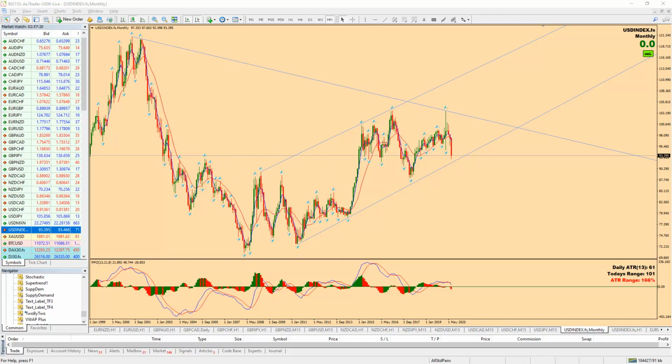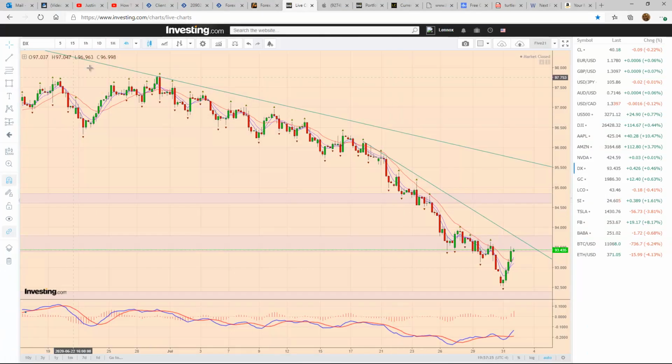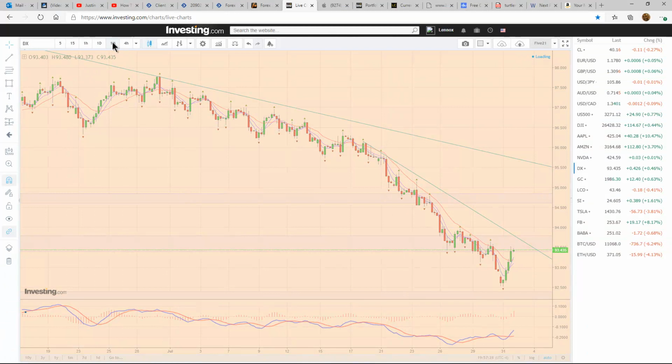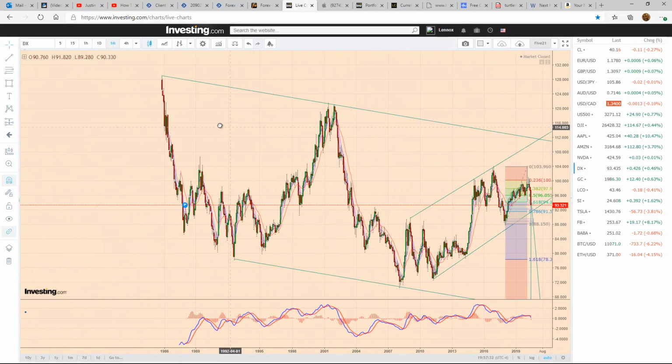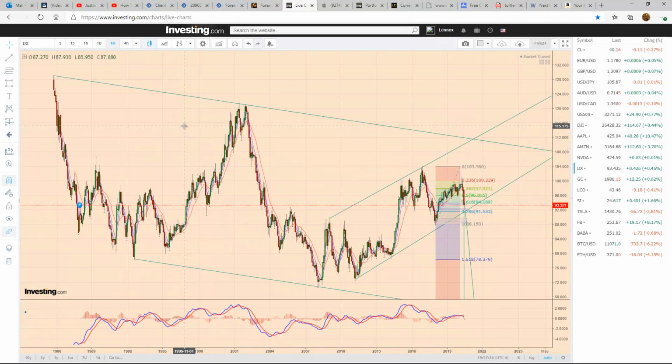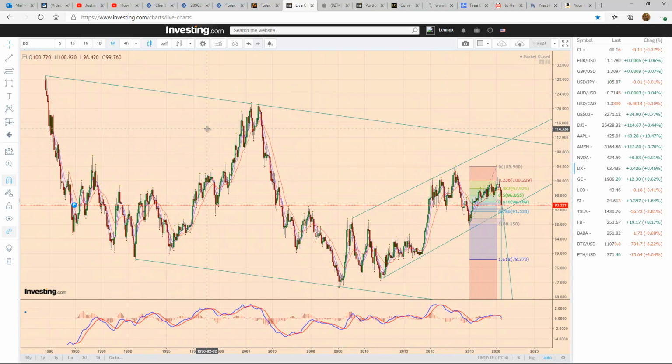I'm just going to show you a chart on investing.com that actually gives us the full picture. So here on the monthly time frame, if I shrink this down, this is the entire chart. This gives us a better picture of what the full US dollar futures index chart looks like.